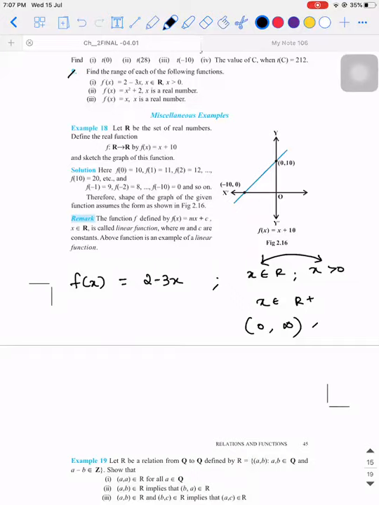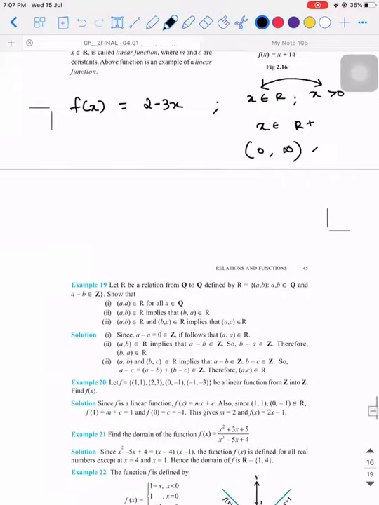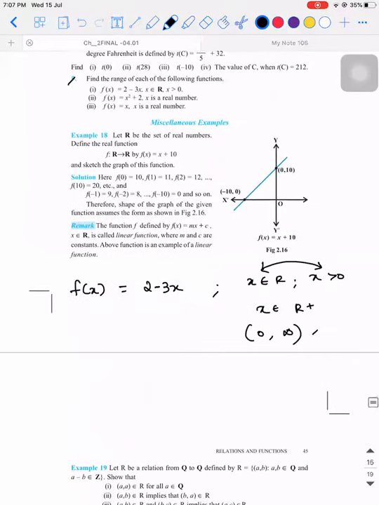See, whenever you have a difference, when you substitute the least value of x on the right hand side, the whole value will be maximum. I'm repeating it. If I have 2 plus 3x and 2 minus 3x, what is the range of values of x that I can substitute?